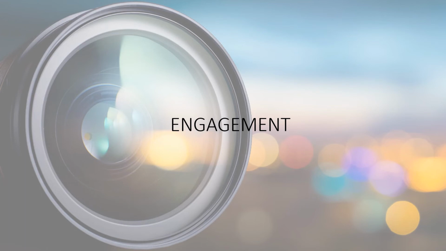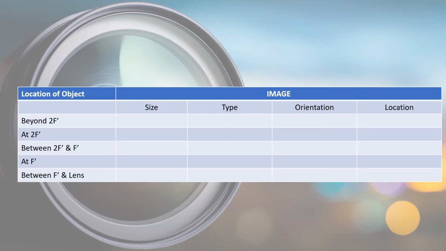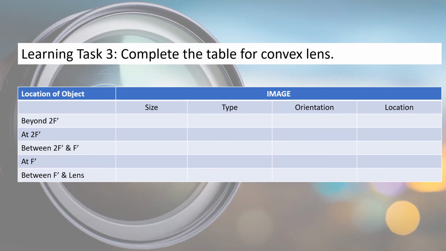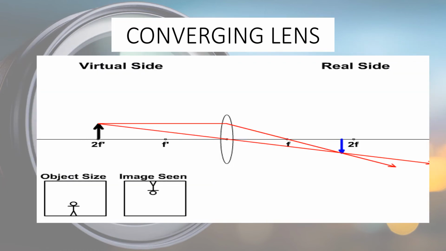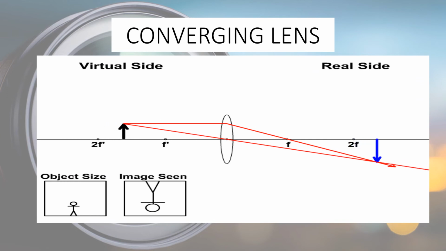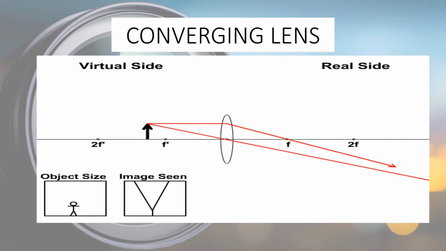For the next task, you will write your answers in your notebook as an e-portfolio entry. Again, feel free to pause the video in order to write your answers. By applying ray diagramming techniques, perform learning task 3 by completing the table for convex lens. You may use this as a guide in answering the learning task 3 for convex lens.